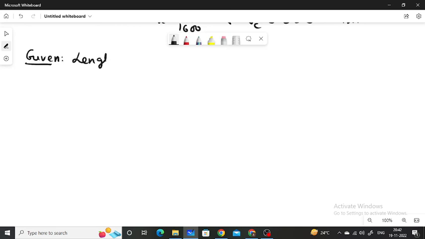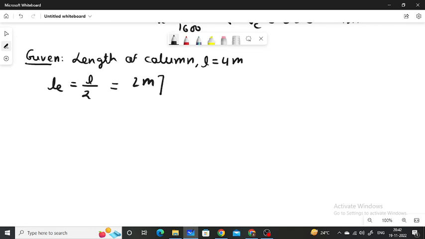Length of column L is equal to 4 meters. Equivalent length for a column whose both the ends are fixed is L by 2. It will be equal to 2 meters because actual length of the column is 4 meters. Safe load is 250 kilonewton and factor of safety is 5.